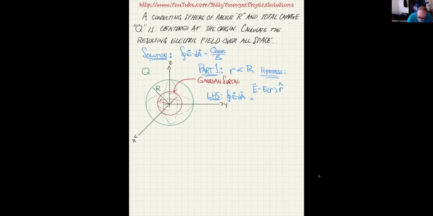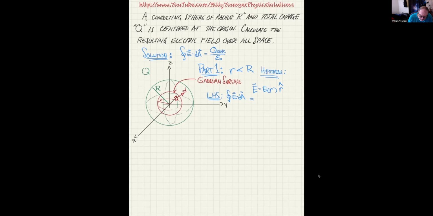The reason I chose it is that the dA vector for this is everywhere radial, which is in fact exactly everywhere parallel to E. If you really wanted to know what a patch of it would look like, you could take the time and study spherical coordinates, but you really don't have to. All you know is there's some differential area element dA, and that a line perpendicular to that little area is in the r hat direction.